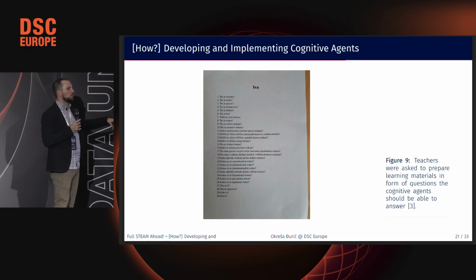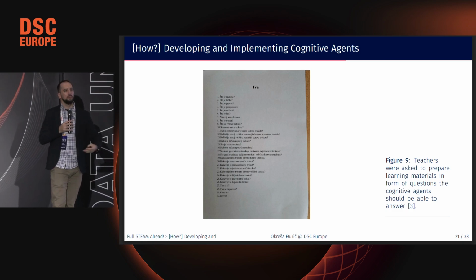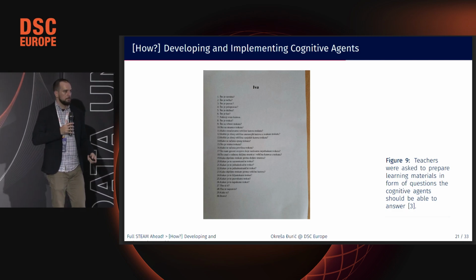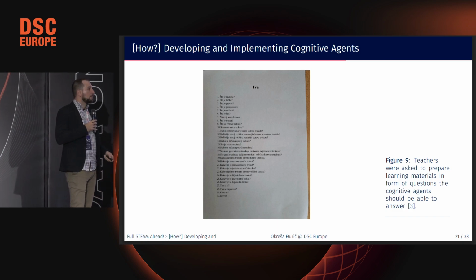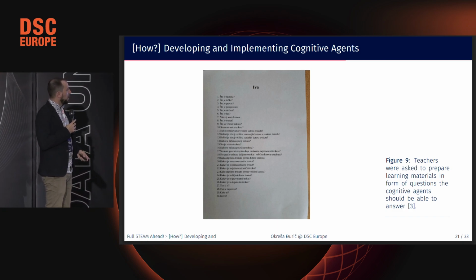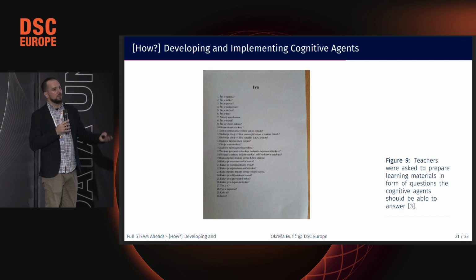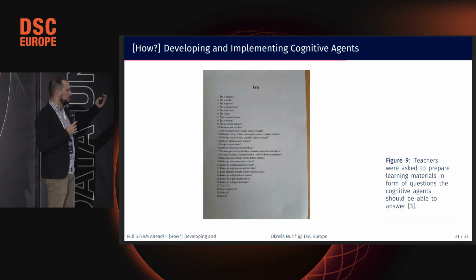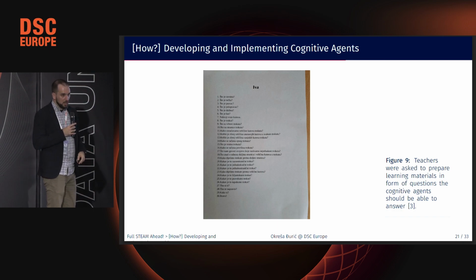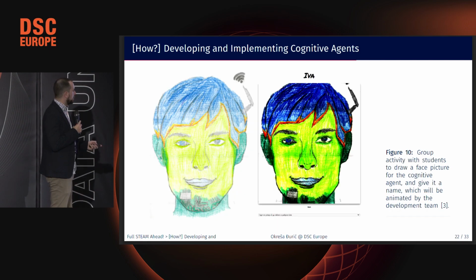These questions were deemed interesting to students at this particular time. And our agents were then taught these particular questions and the respective answers that they should give to our students.